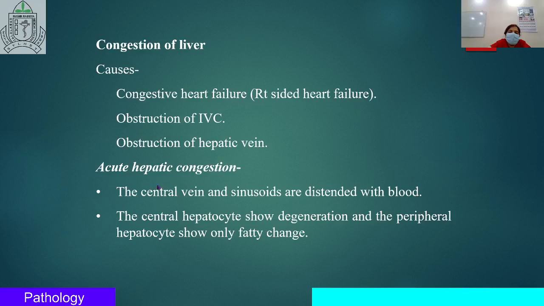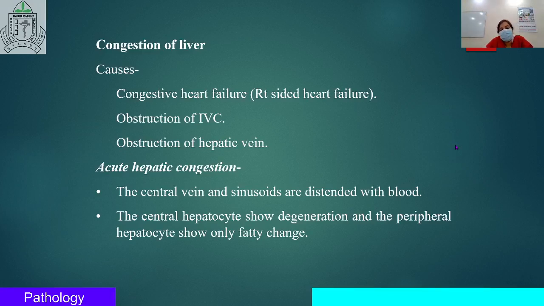I already mentioned the anatomy of the liver: there are hexagonal lobules which contain the central vein in their center, and peripherally there is the portal triad. As the central vein contains deoxygenated blood, there is hypoxia, there is cell death.